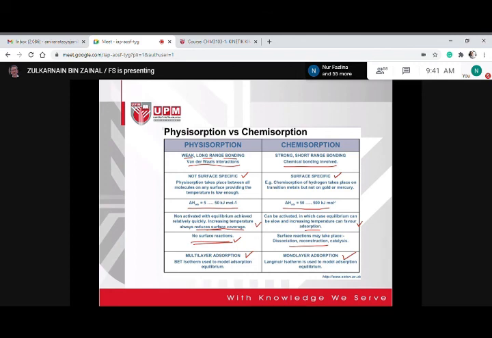Meaning that for chemisorption, only one monolayer is formed, and only the layer between the adsorbate and the adsorbent will be in chemical bond. Other layers could be physisorption. For physisorption, you can have a number of layers, and each layer is physically bonded to another layer.